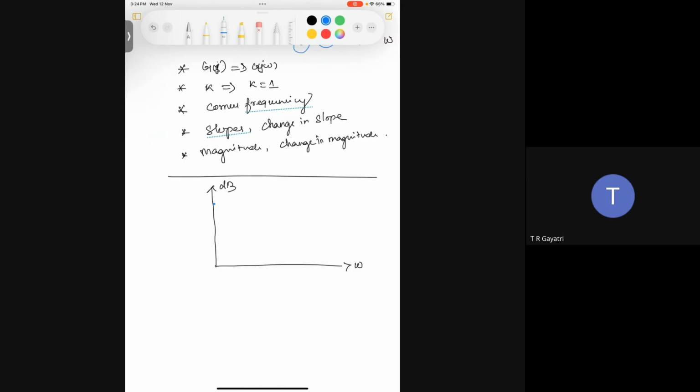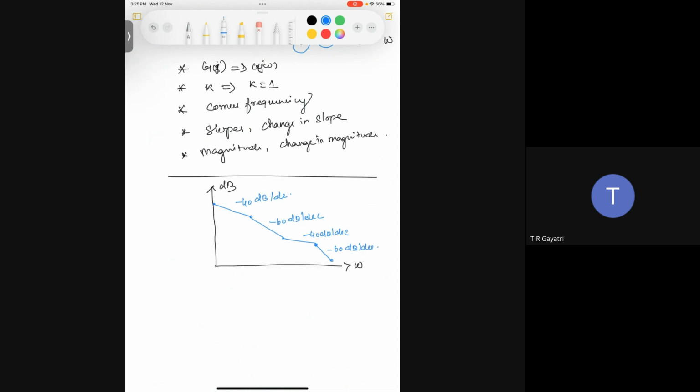Sometimes if you don't use units properly, you would lose marks. 60 decibels per decade, minus 40 decibels per decade. I'm not drawing according to that, just follow the math. Minus 60 decibels per decade.